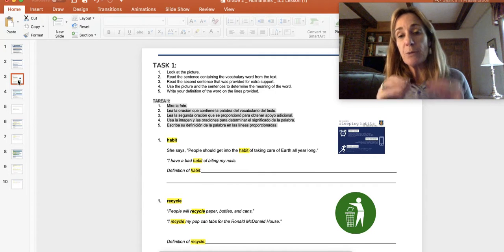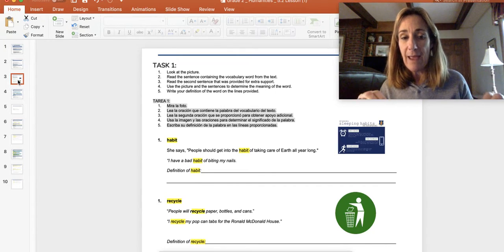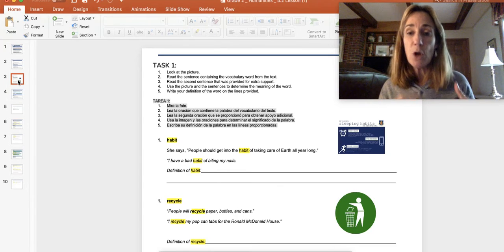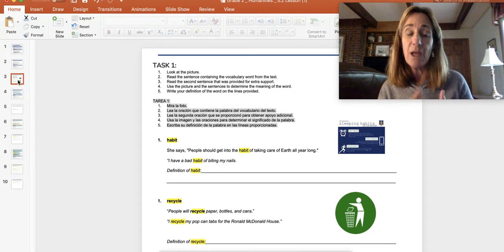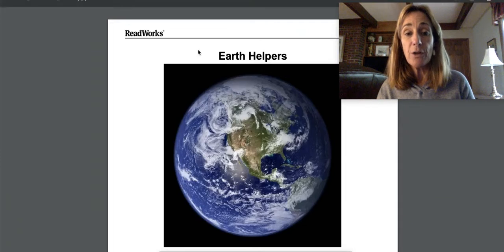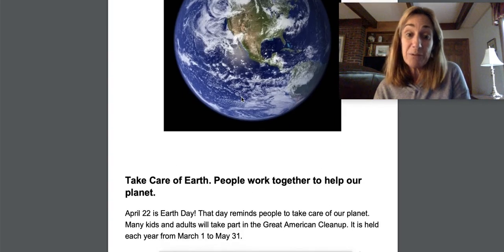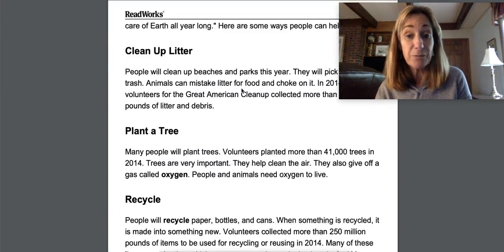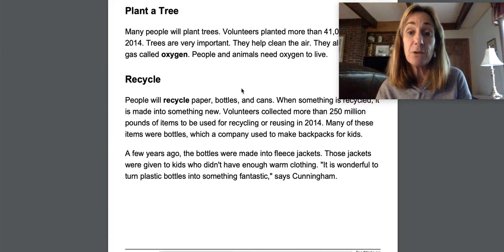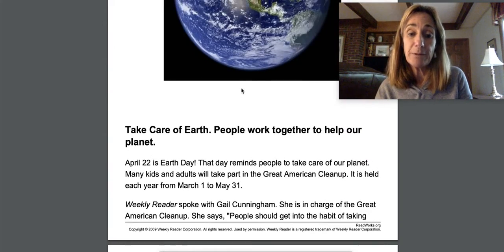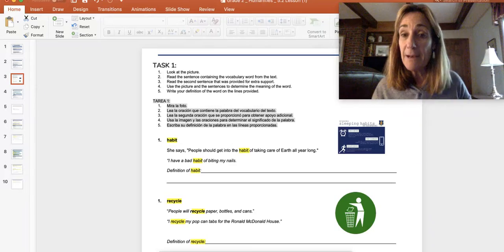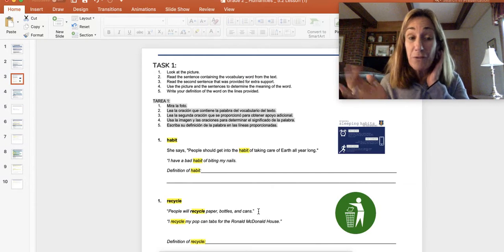So you're going to read a little bit about habit, and then you're going to write your own definition for that word, and the same for recycle. Then you're going to go to the article and read the article about earth helpers. So it's a very interesting little article. It's pretty short, but it's interesting. I think you'll be able to learn some things from that. Then that's all for the first day.